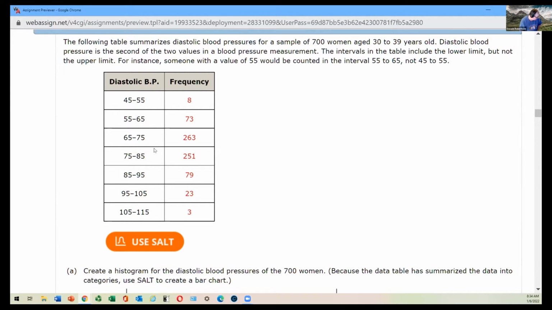So a blood pressure of 74.999 would be in this group, but the minute you hit 75 or 75.001, you'd be in this group. Okay, so does the grouping kind of make sense now? What do you do with the boundary? You give it to one of the groups based on the rule I just said.